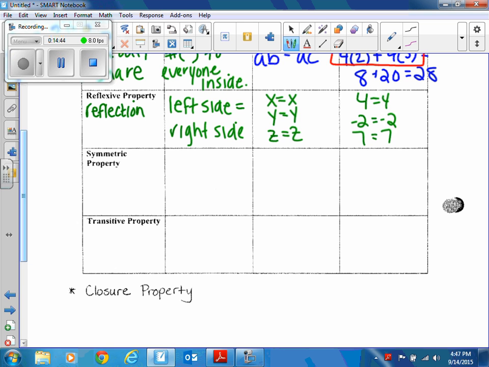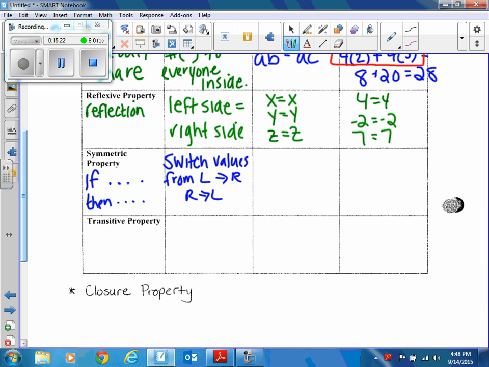symmetric property, that is going to be when you take a statement and you switch left and right values. So you're going to switch values from left to right and right to left. A big thing with the symmetric property is you're going to see if something, then something.